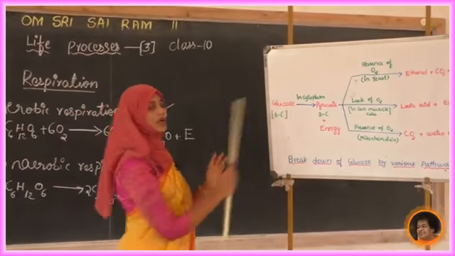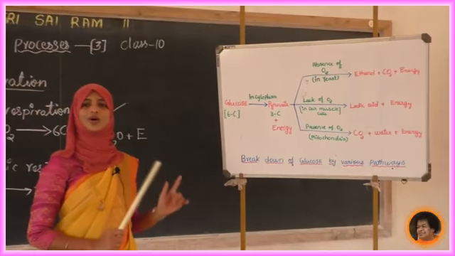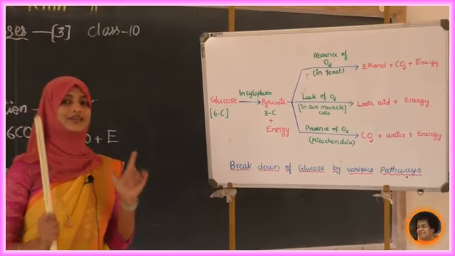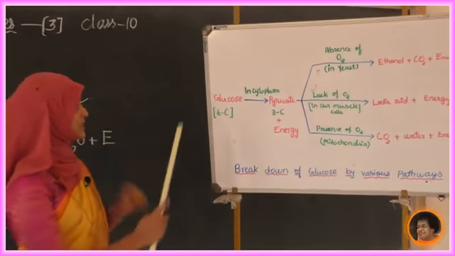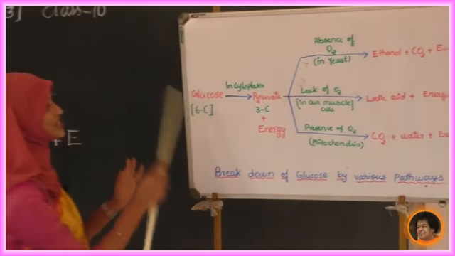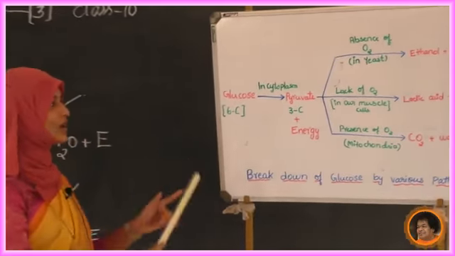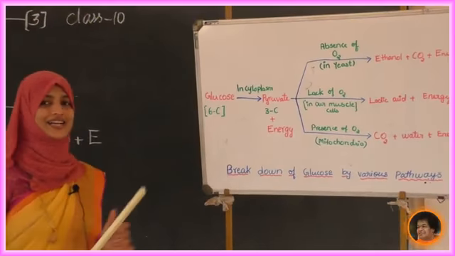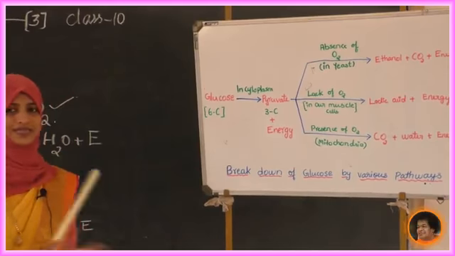Here, glucose. We know that glucose is a 6 carbon compound. So here I have written glucose, 6 carbon. Now this reaction takes place inside the cytoplasm, inside the cell.